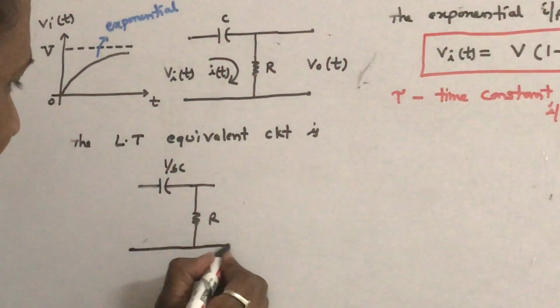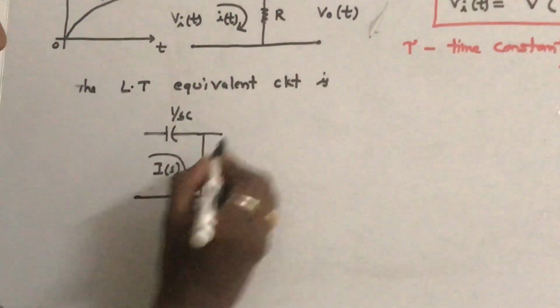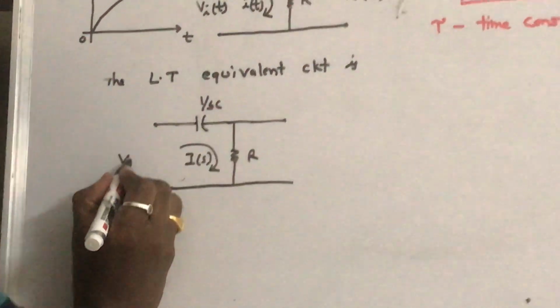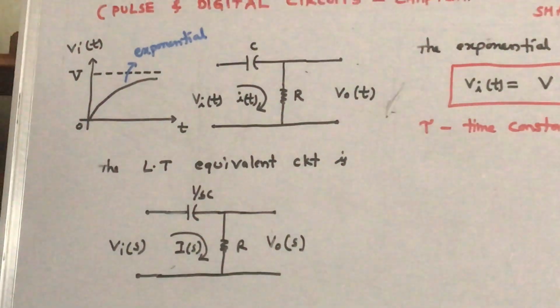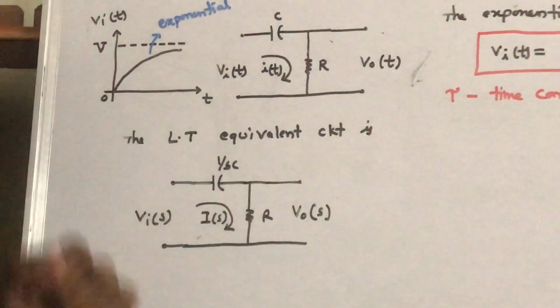The resistor will not change. The current in the loop is say I of S, the input voltage is VA of S, and the output is V0 of S. So this is the Laplace transform equivalent circuit of this circuit.